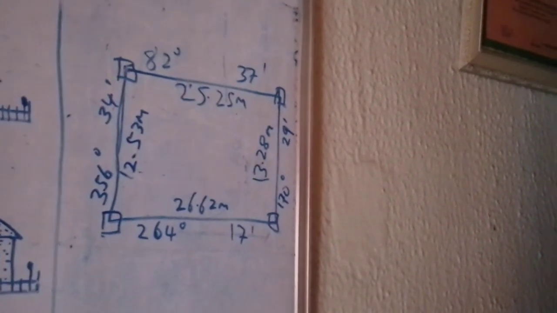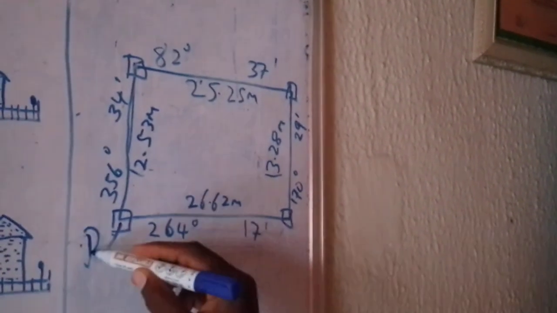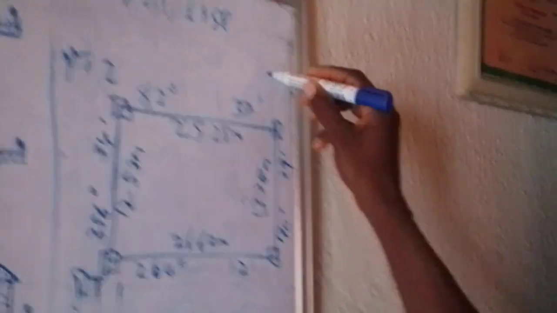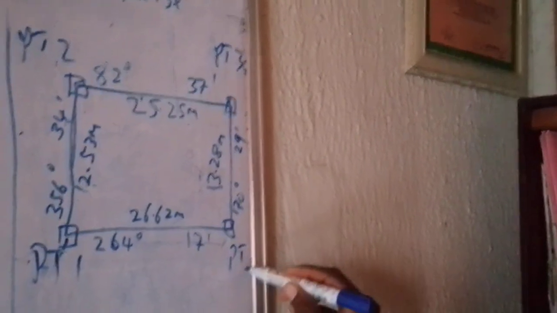So let's say this is the known coordinate point, right? So let's call this PT1, PT2, PT3, and PT4, right?